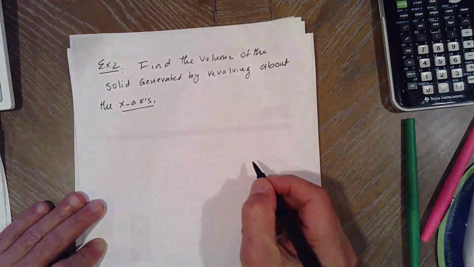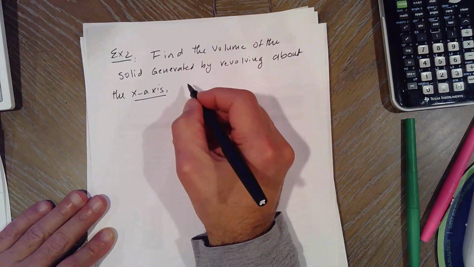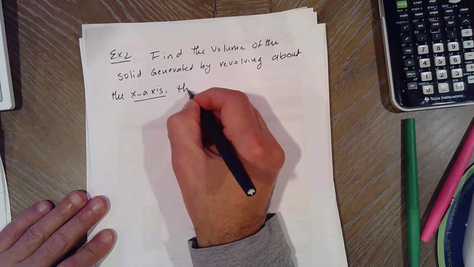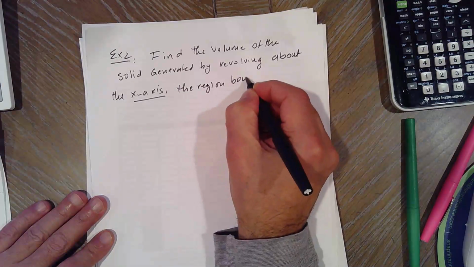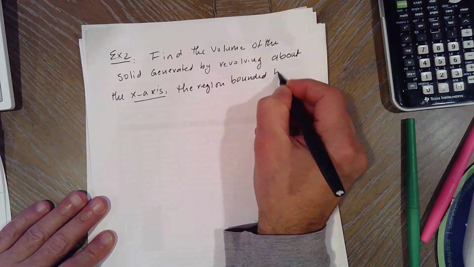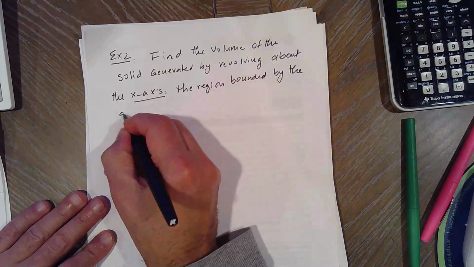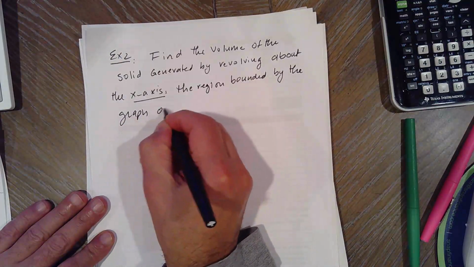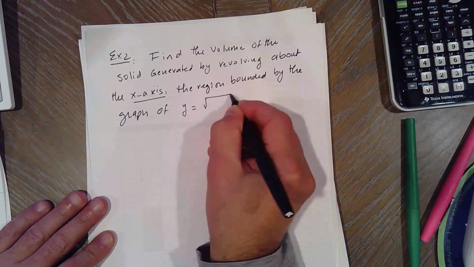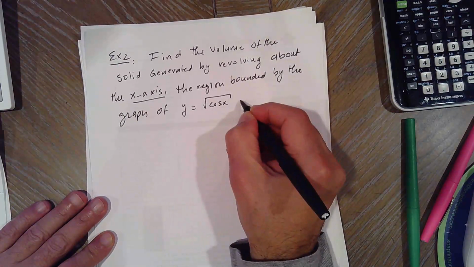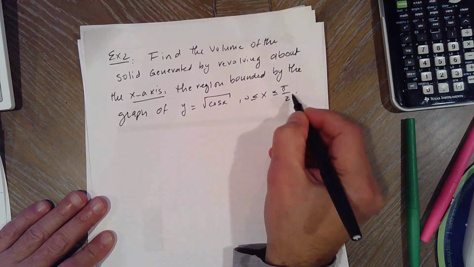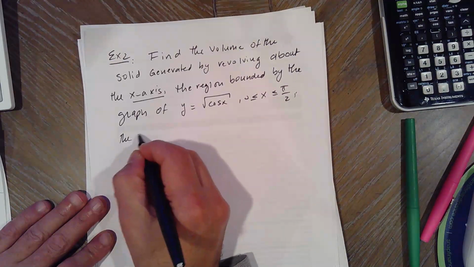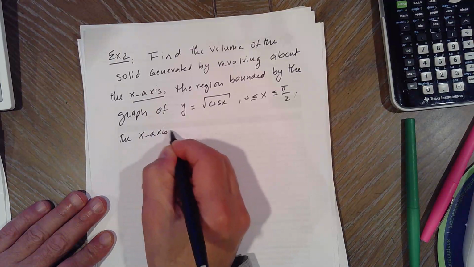So we're revolving around the x-axis. The region bounded by the graph of y equals square root of cosine x between 0 and pi over 2, the x-axis and y-axis.